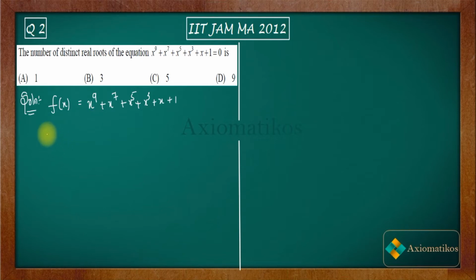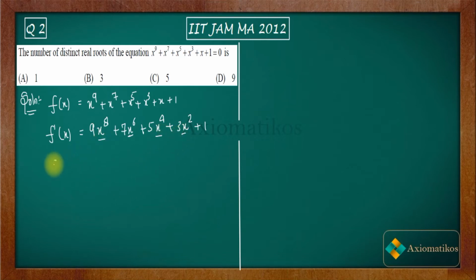Okay, so if you differentiate this function, you will end up with 9x to the power 8 plus 7x to the power 6 plus 5x to the power 4 plus 3x square plus 1. Now you know these are all even degree. Are you getting my point? So everyone has even power.